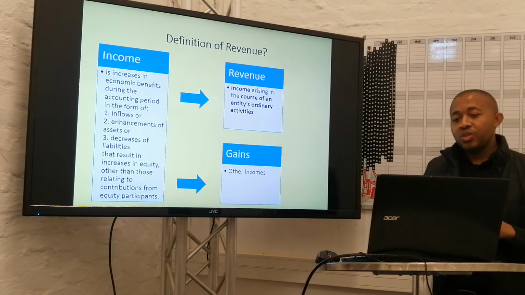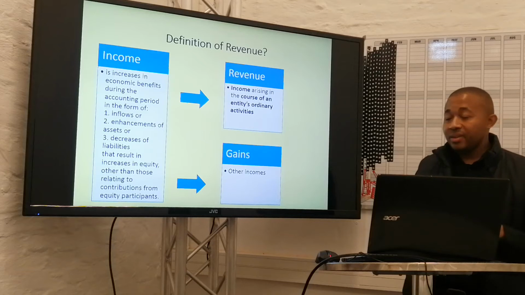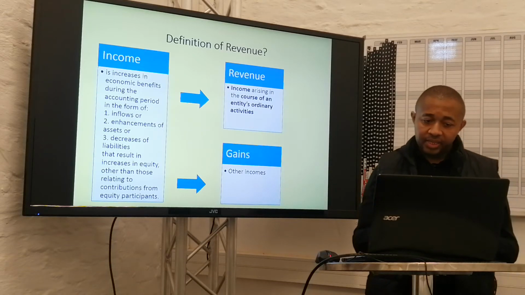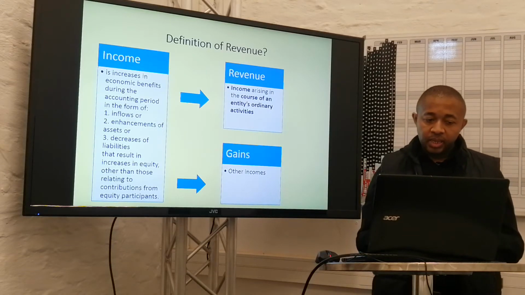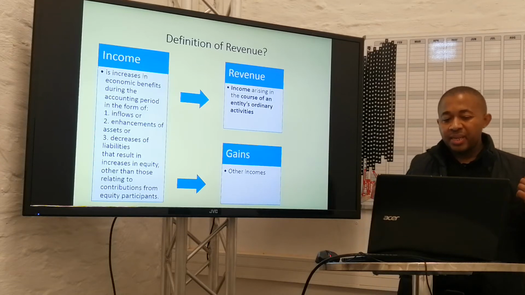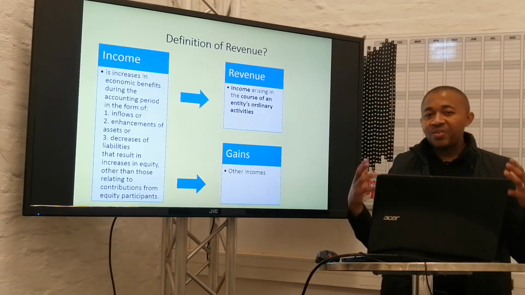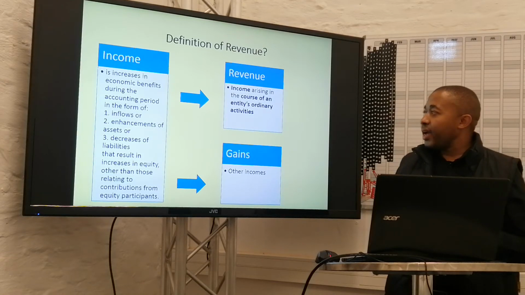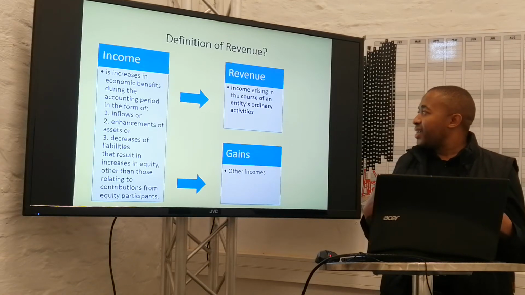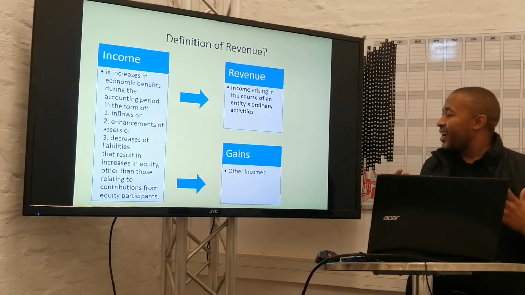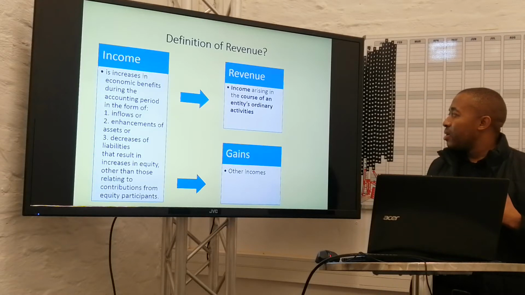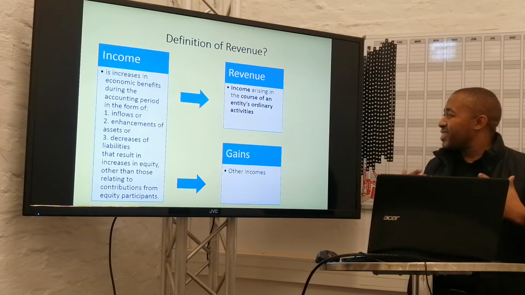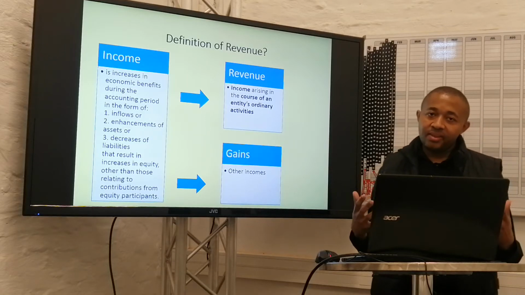But first, we need to define what revenue is. Revenue, first and foremost, is an income. But what kind of income is revenue? It's income that arises from the course of an entity's ordinary activities.